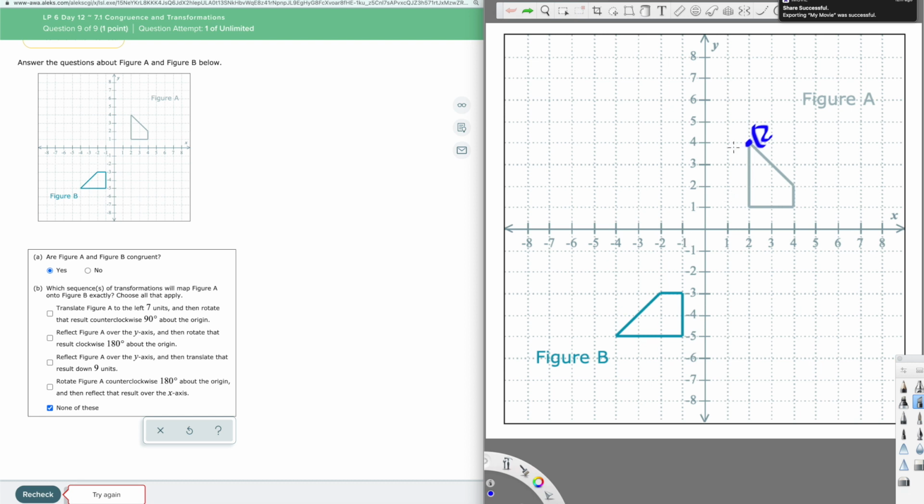Okay, so I'm going to try this first one again really quick. 1, 2, 3, 4, 5, 6, 7. So that guy would land right there, if we moved it 7 units left, and then rotating it 90 degrees about the origin, so this would be -5 and 4.